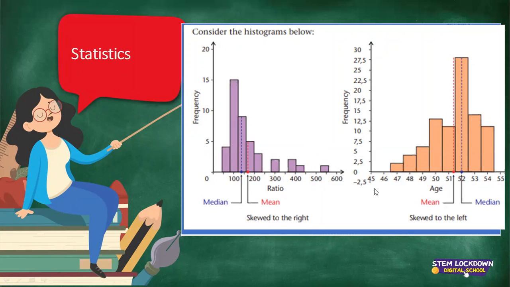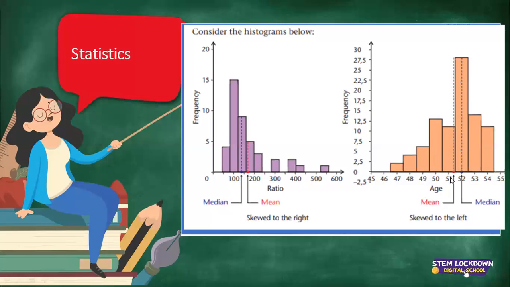Now, given data represented with this histogram, for example the ages of some group of students, you want to know the skewedness of the data, whether it is skewed or symmetrical. Here 52 represents the median, and the mean calculated is 51.